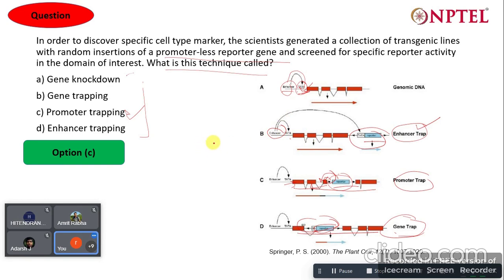Because this whole Agrobacterium thing is done in a culture, we generally don't leave them over a large time gap. It is a very small time gap, like in a day or two we isolate different cells from that culture, and we look for the T-DNA insertion in them. So this is how it's done.